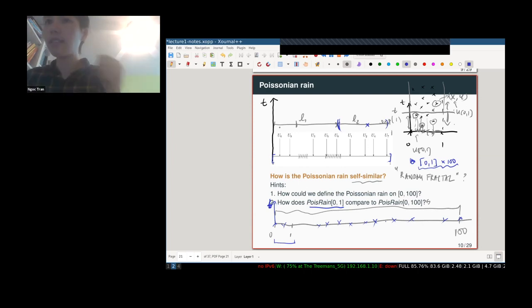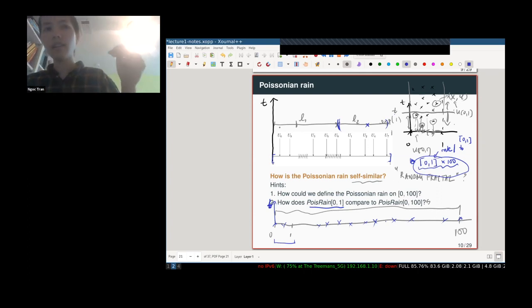I'm not changing time, I'm just changing space, multiplying by 100. But the way we defined it initially, I'm attaching exponential clocks of rate 1 to this interval [0, 1]. So if I simply scale space, I'm running the same process. If I look at it in terms of time, I'm attaching an exponential clock of rate 1, but to an interval of length 100.